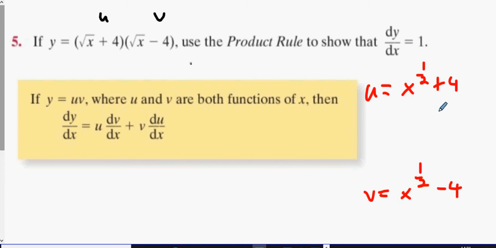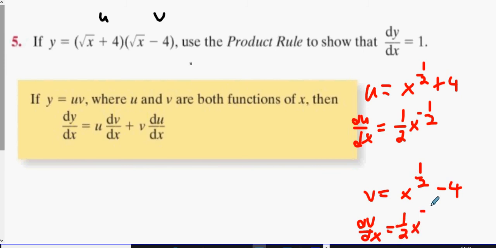Now I'd like you guys to differentiate that using the product rule, okay? Let's do this. Differentiate u, and you get a half x to the power of minus a half, and differentiate 4, it disappears. Differentiate v, and you get a half x to the power of minus a half, and then once again it disappears.